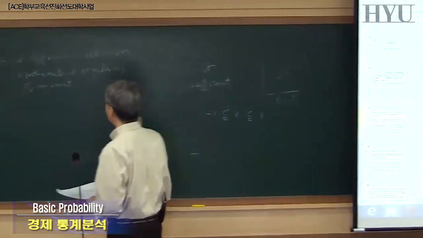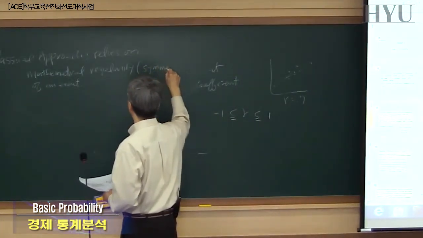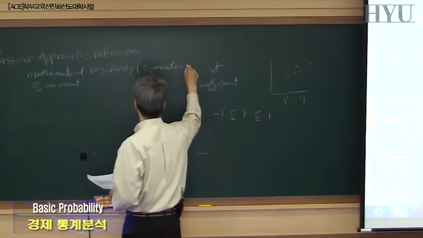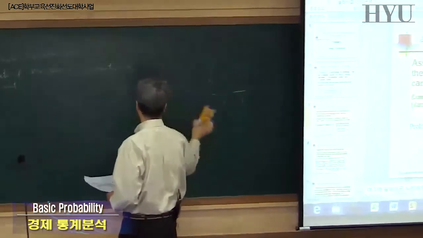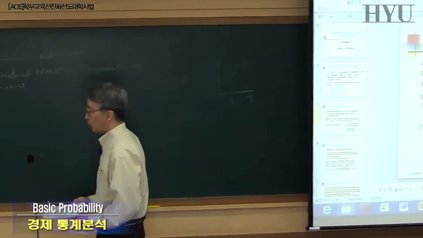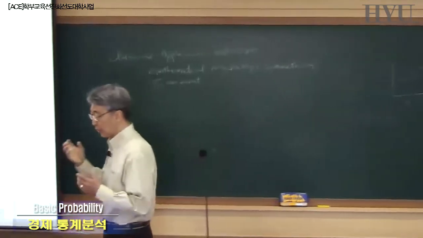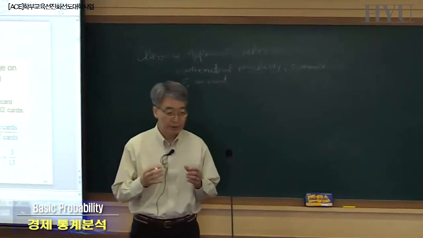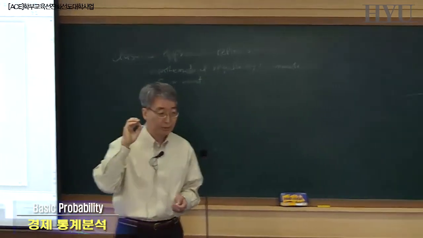So sometimes we call it symmetricity. What are we talking about? Based on what we know, or based on the design of the event, we can logically figure out the probability.